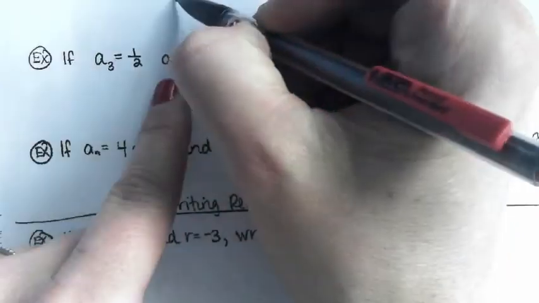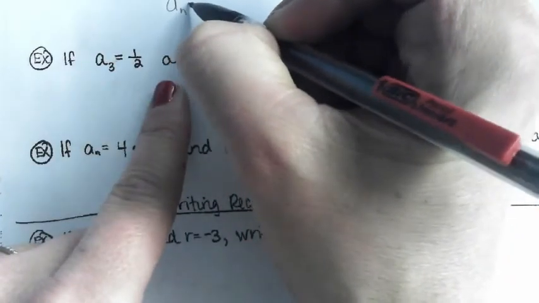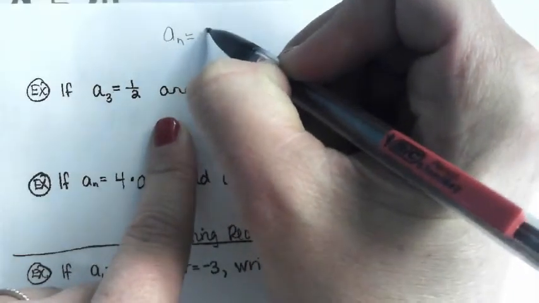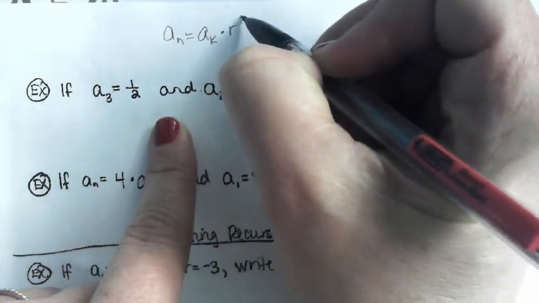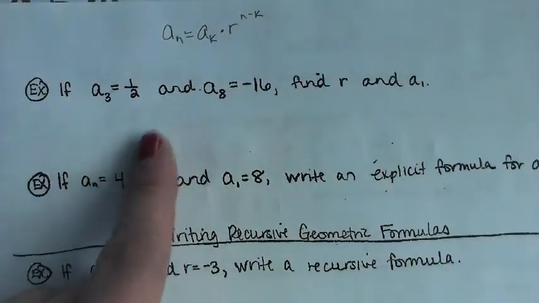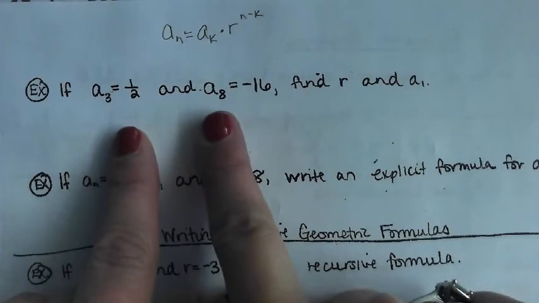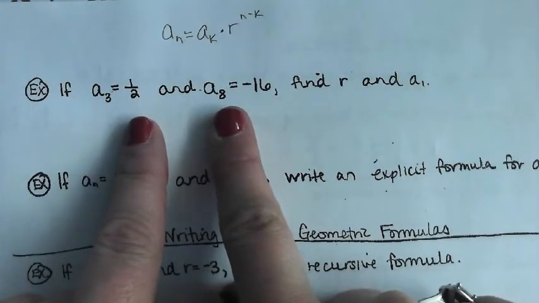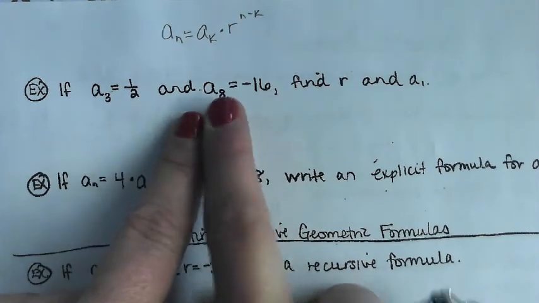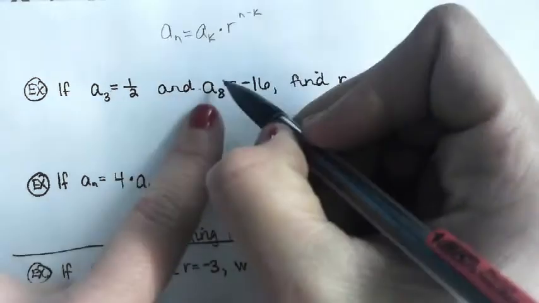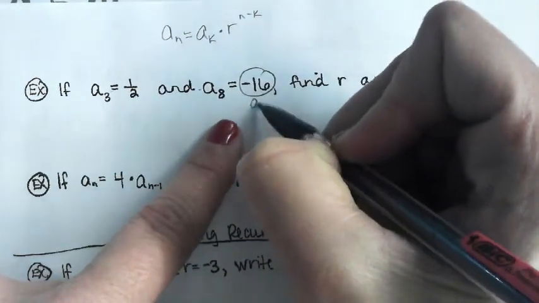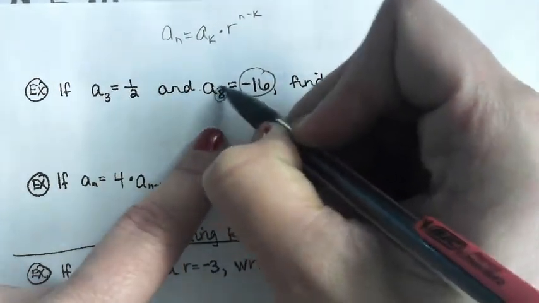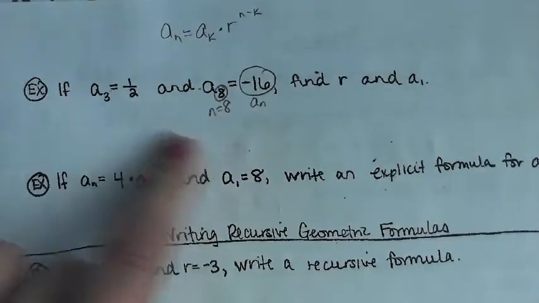So if I use my k version of this formula, a sub n equals a sub k times r to the n minus k. Which one do I prefer to make your nth term? The larger one, the a sub 8, the one that's further along in your sequence. So this is my a sub n, and therefore my n is 8.